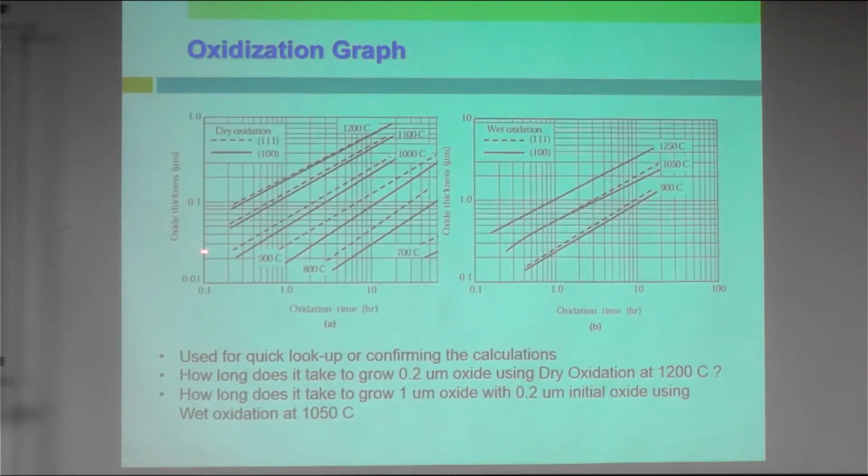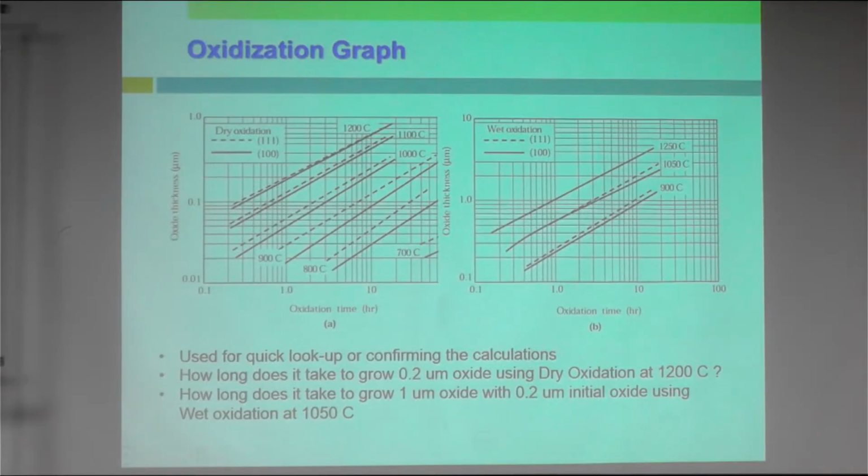So here you have oxide thickness against oxidation time. We can know that at a certain temperature, let's say 900 degrees Celsius, at 10 hours, you can get an oxide thickness of about 0.1 micrometer.